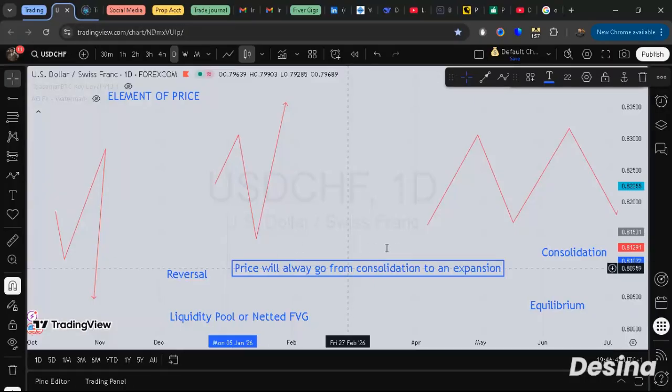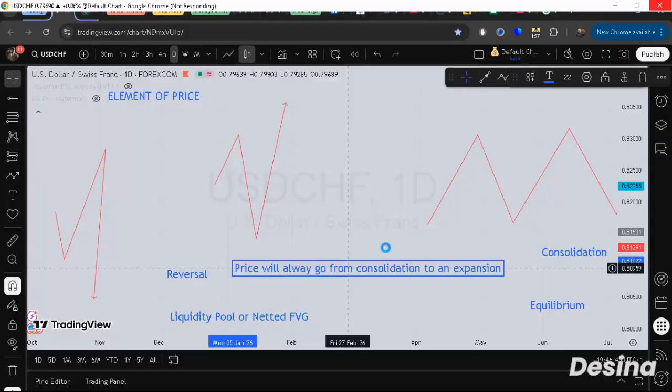It will not go from consolidation to reversal or retracement. That is one thing you ought to know.